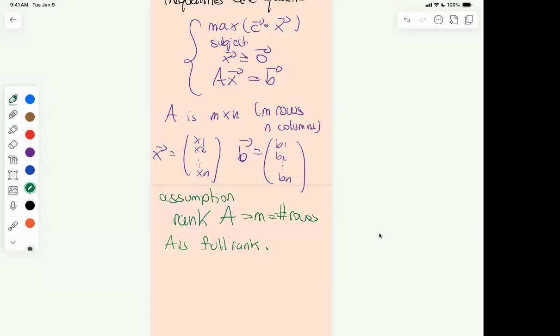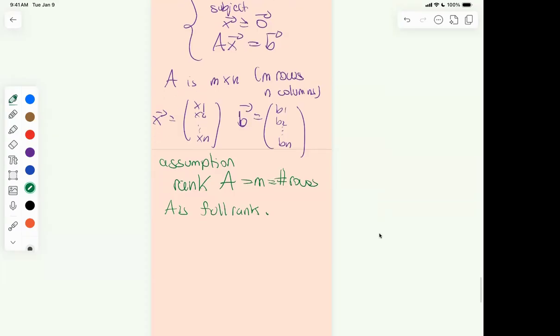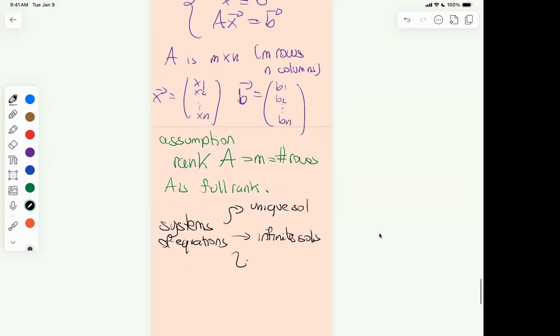So let me write that down. I'm almost done, I promise. If you remember, systems of equations had a unique solution, infinite solutions, and then no solution.